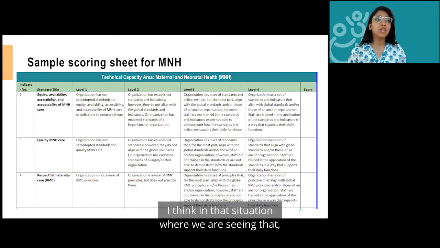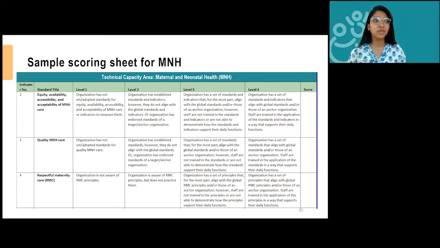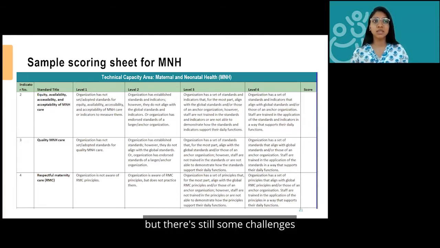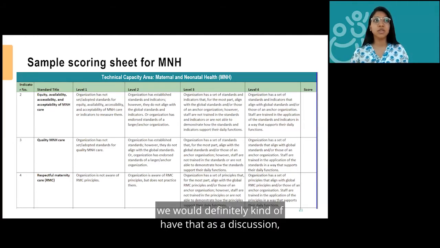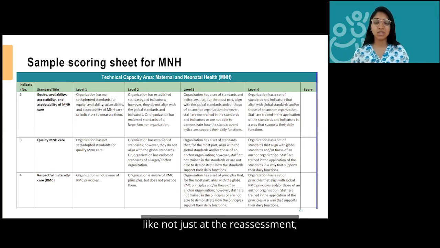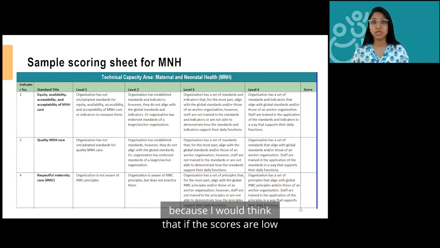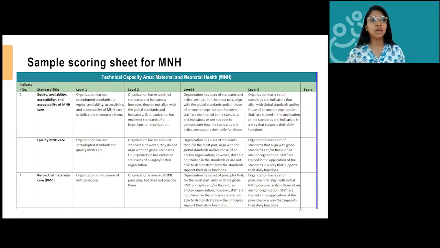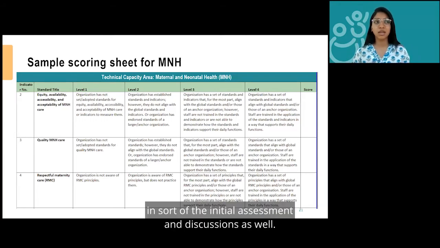If the scores are going up in a technical area, but there are still challenges on the organizational side, we would definitely have that as a discussion, not just at the reassessment, but also when we're doing the change action plan monitoring, because if the scores are low or have remained stagnant, there's been indication of that in the initial assessment and discussions as well.